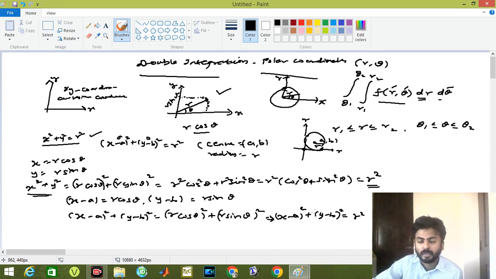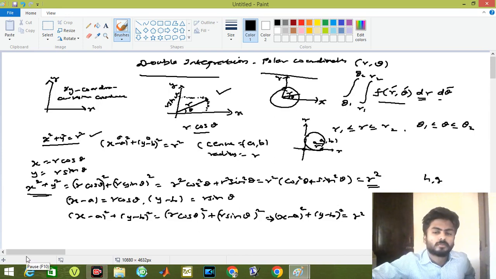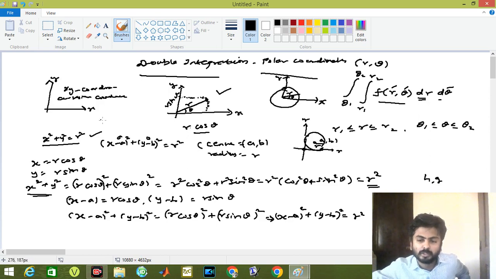So this is that equation. Actually we have a separate equation for the representation of circle having g and f. That is called the general equation of circle. So the general equation of circle is what we are going to discuss now.